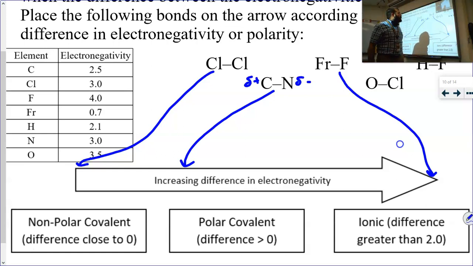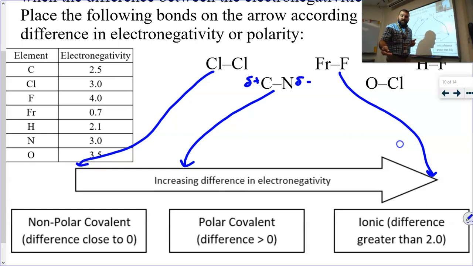Essentially, because fluorine's electronegativity is so much higher, the electrons are fully transferred over to fluorine. They're no longer shared. That's what an ionic bond is. A covalent bond is shared electrons. An ionic bond is when electrons completely transfer.